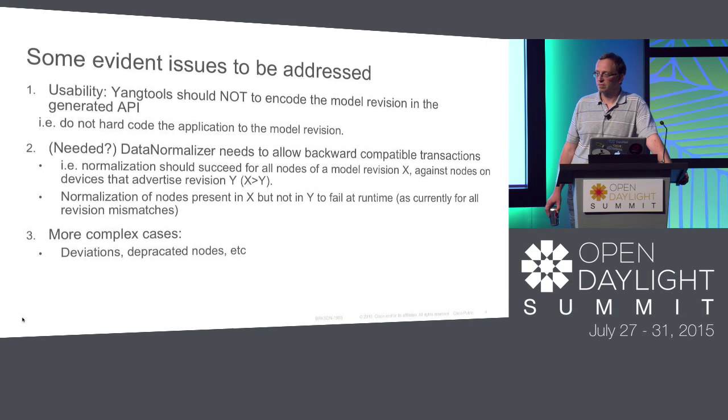So your transaction will automatically fail if you are sending newer data to a device with the older model revision. So this is an API contract. If a device is using an older model, you cannot send it data from a newer model, because it will not understand the data. That's enough reason for any valid implementer to cancel your transaction and throw an error, because you want to configure something I do not understand.